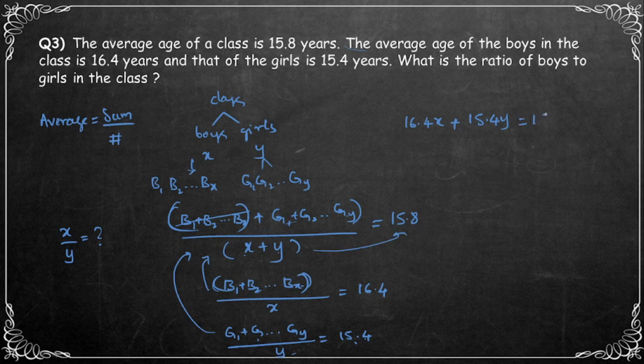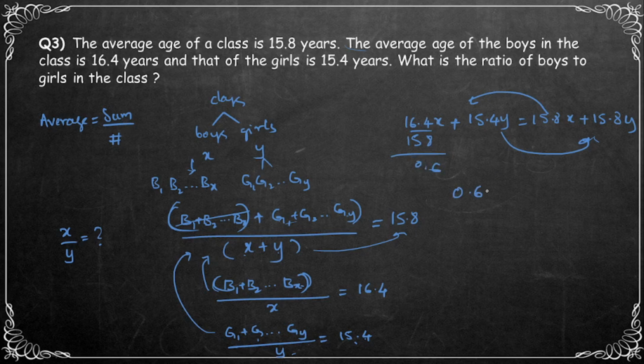So this x plus y goes that way. We have 15.8x plus 15.8y. Now if I take this side and this side, I'll have 16.4 minus 15.8, which is 0.6.